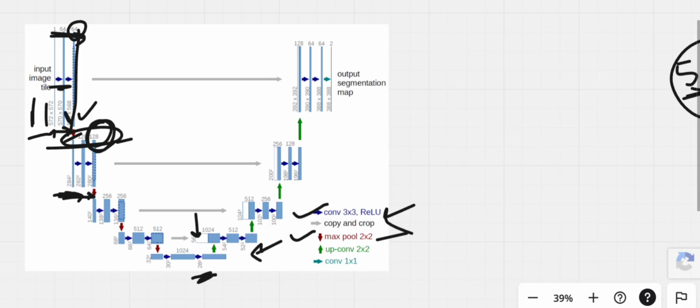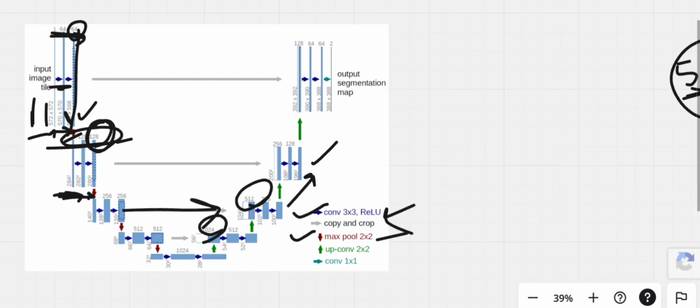The spatial dimensions of course increase because it is upsampling. Now the channels decrease, 1024, 512, 256, 128. The same procedure, but the thing is the skip connection: the encoder goes on, concatenates with the decoder, and here we have upsampling.